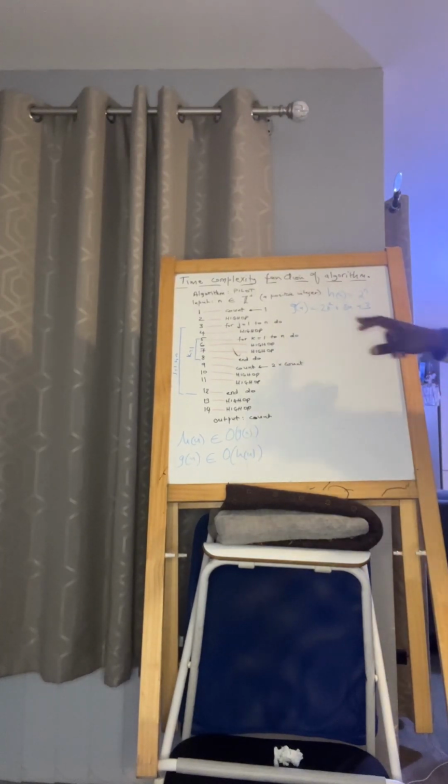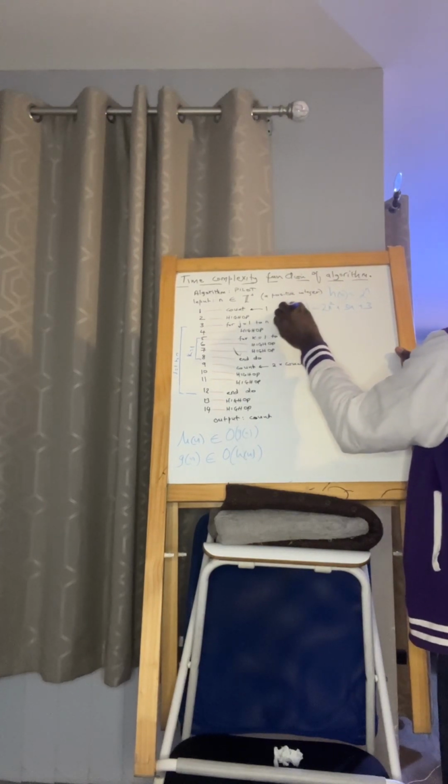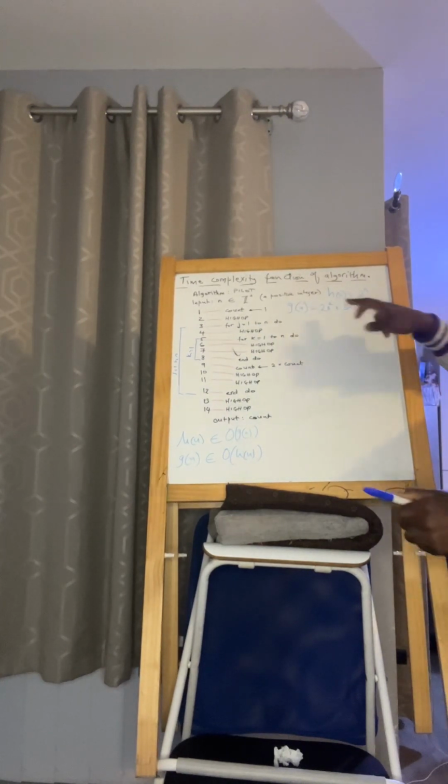This is what we got for g of n initially. And this is now h of n.